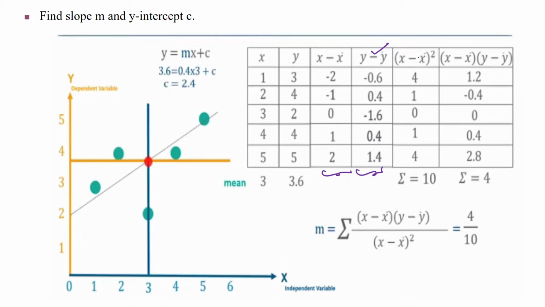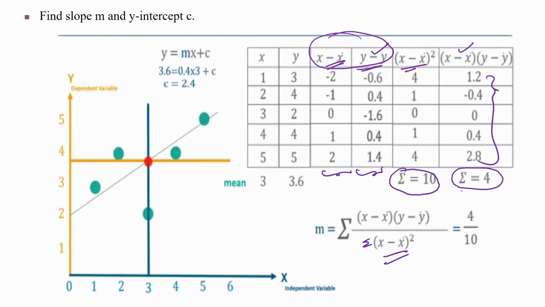The summation of x minus mean x whole square is 10. Then we multiply x minus mean x and y minus mean y using these two terms, and the summation of that value is 4.